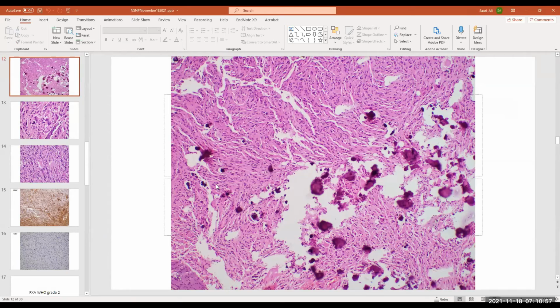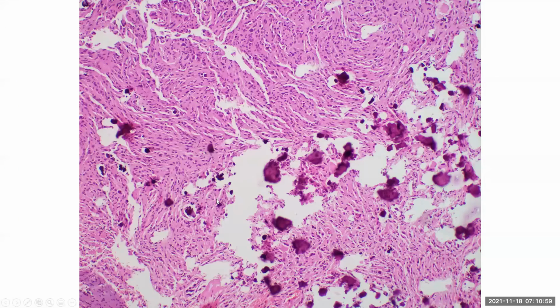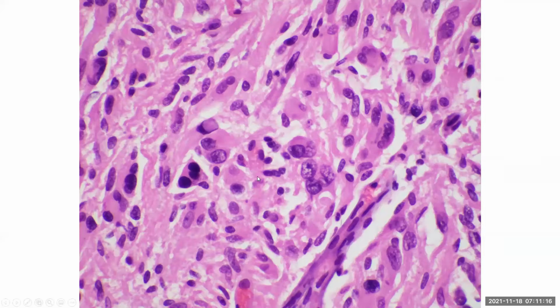So Dr. Saad. Okay, so this is the tumor at low magnification. You can appreciate the tumor is very cellular. Also, we see calcifications. Calcifications are historically associated, not always, of course, with slow growing tumors. At higher magnification, this is what we call pleomorphism. So this is the pleomorphic component of this tumor.